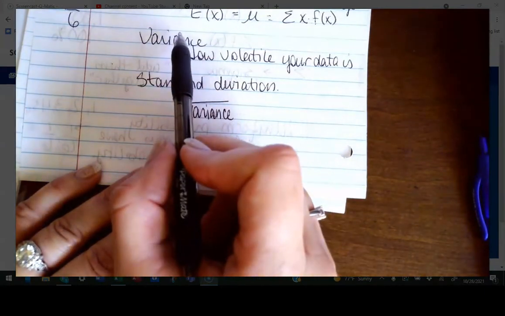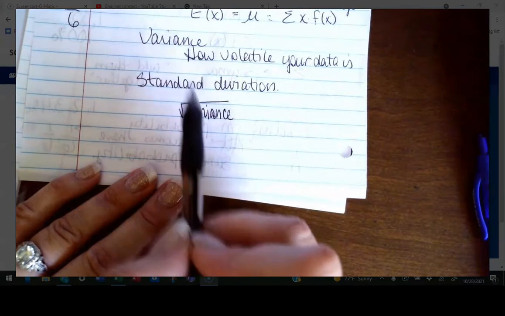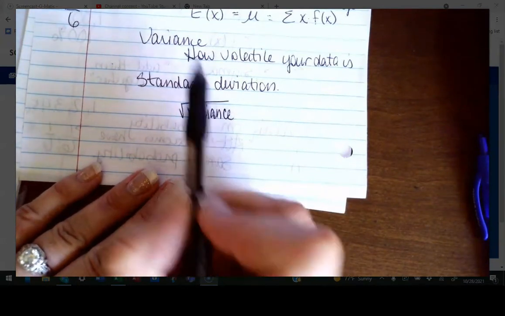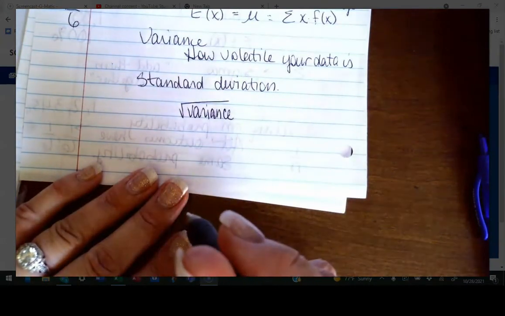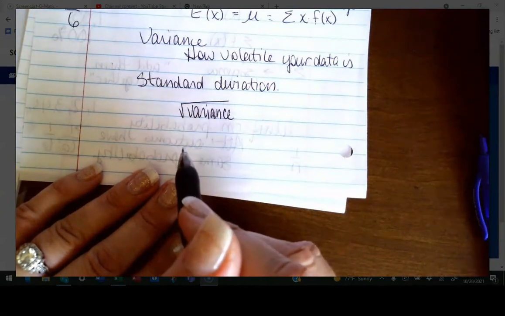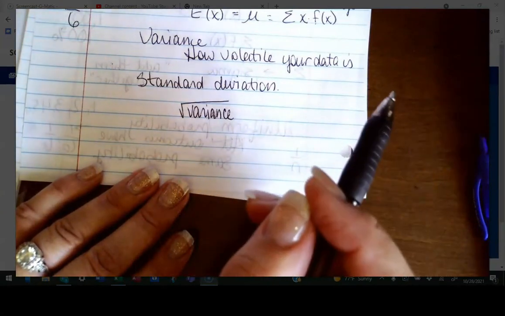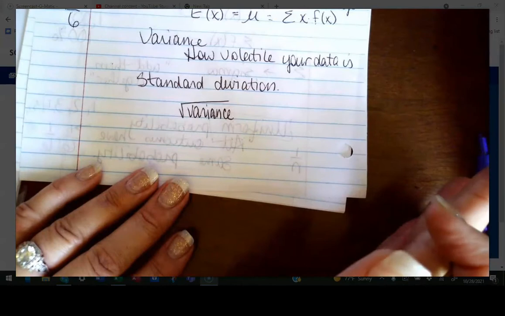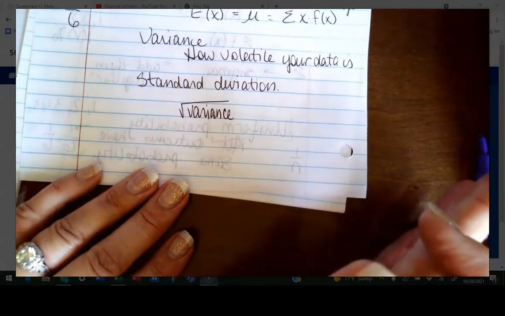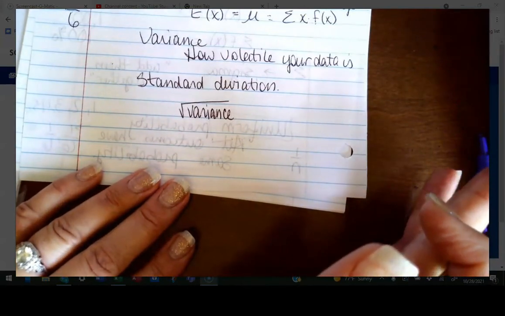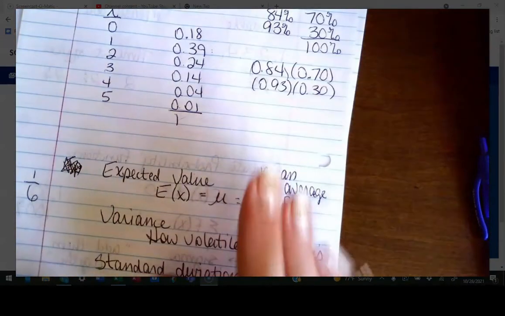So again, variance is a stepping stone to get us to standard deviation. The variance is not used very much. It's a number that tells us how volatile our data is, but there's not really a scale to tell us what that number means. In other words, I don't have a point of reference. Come back up to your grades.